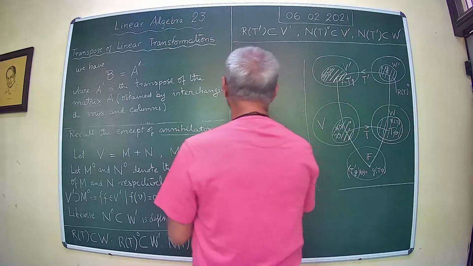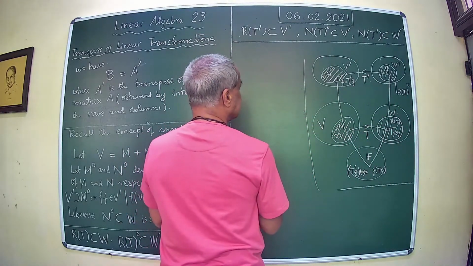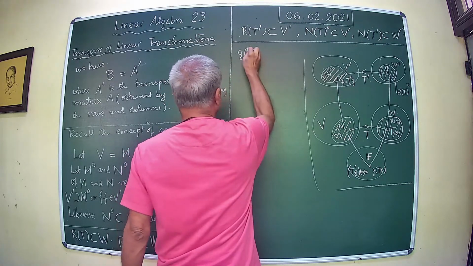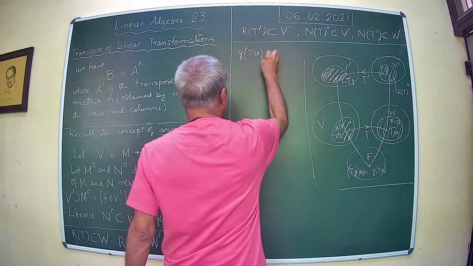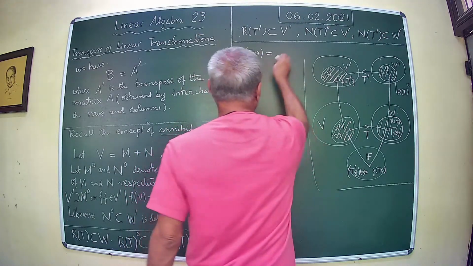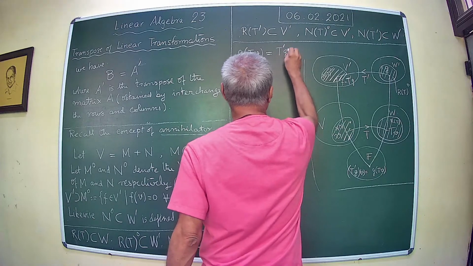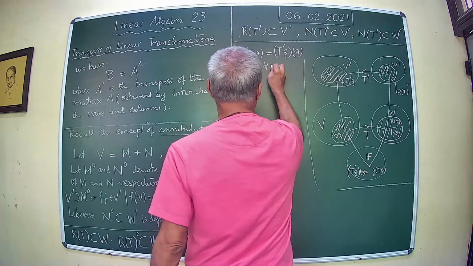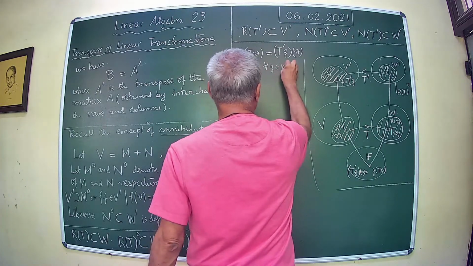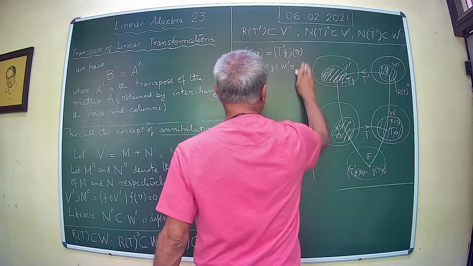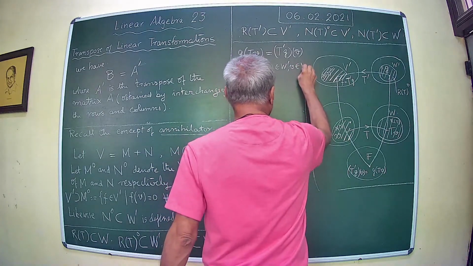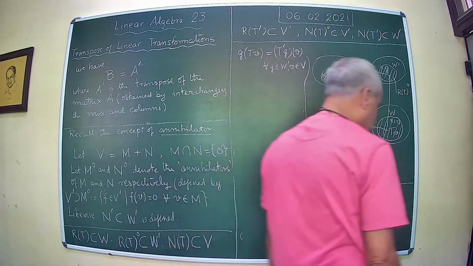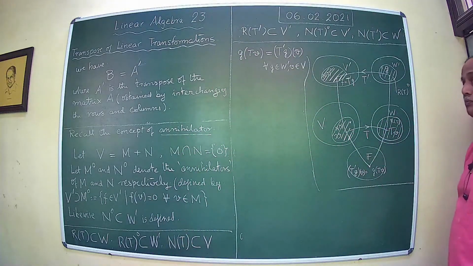It is the following: g of Tv is equal to T prime g of v. This is how T prime is defined.